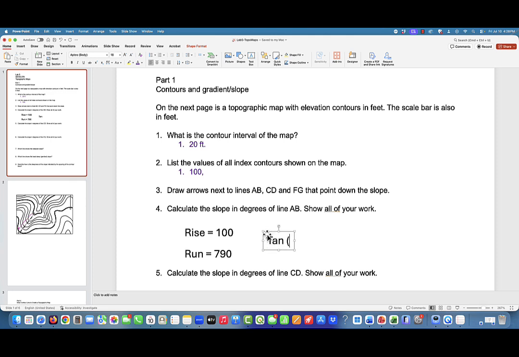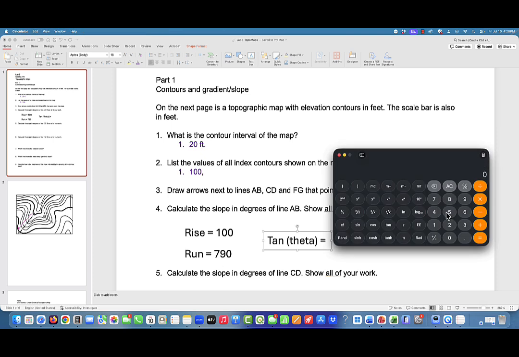so the tan of theta is going to equal 100 divided by 790. So I'm going to get my calculator here. And I get 0.127.